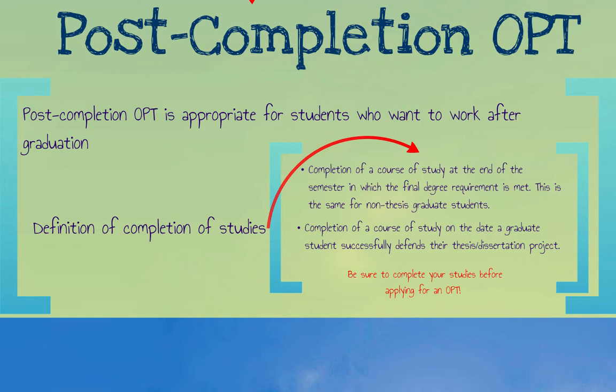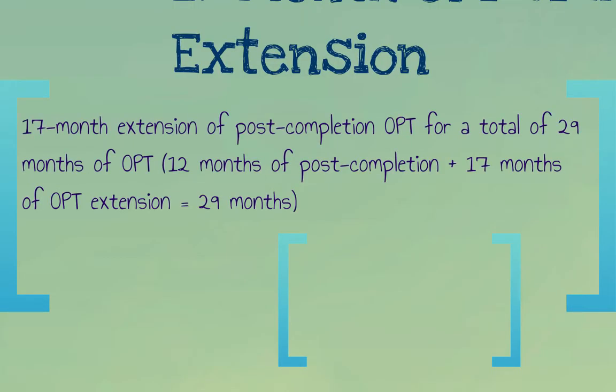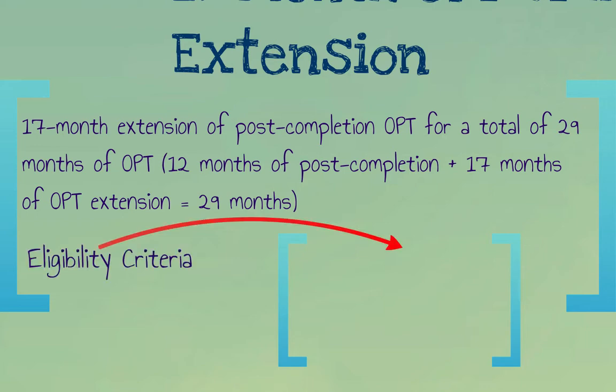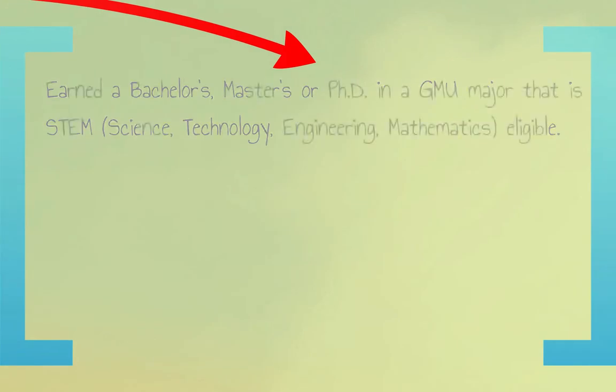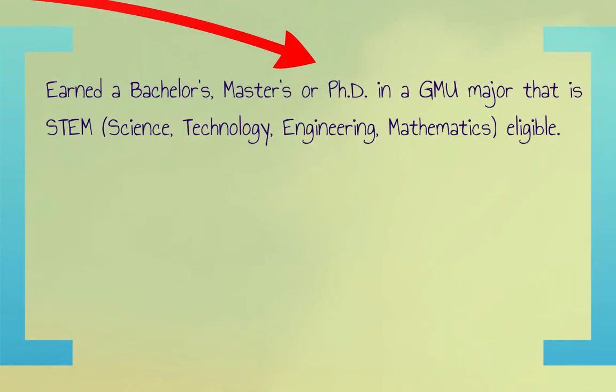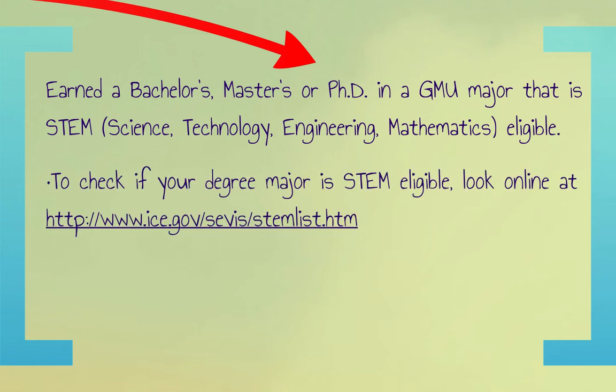OPT STEM extension is a one-time 17-month extension of post-completion OPT for a total of 29 months of OPT. To be eligible for STEM extension, you must have earned a bachelor's, master's, or PhD in a GMU major that is in the STEM field.